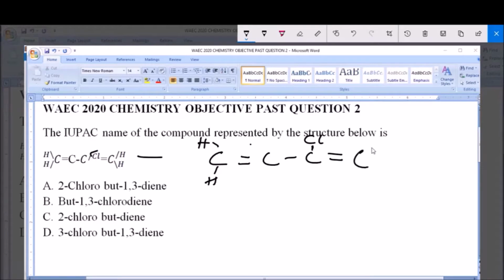And then you have this. So this is more or less the correct structure. We're going to be using the rules for naming organic compounds.